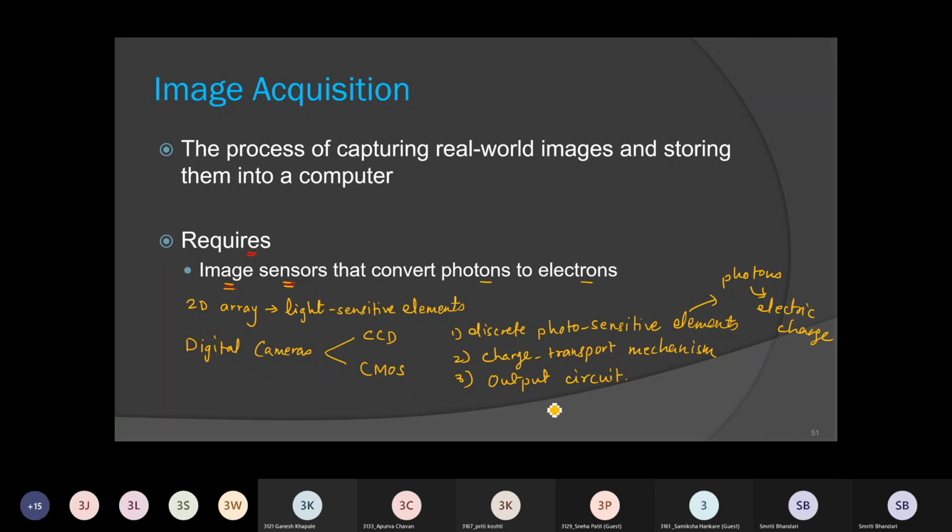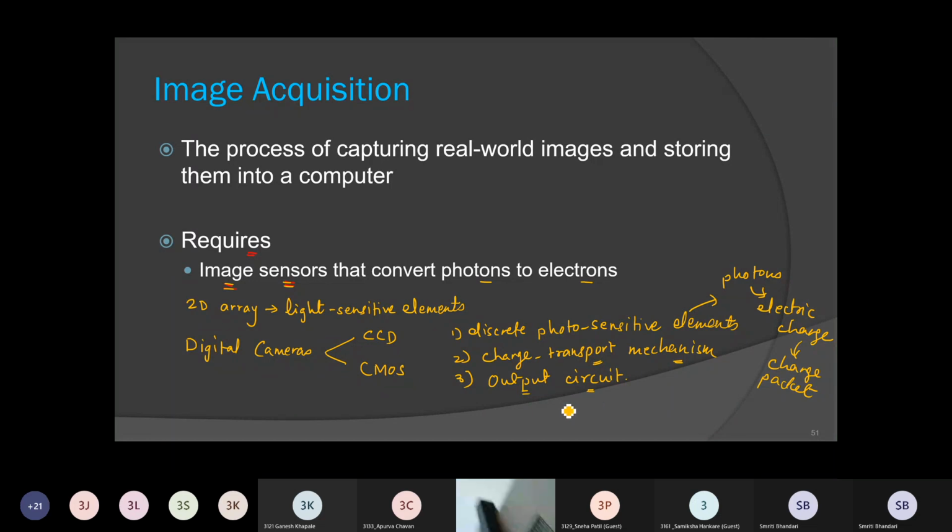Further, these electric charges are integrated into a charge packet, right? And the charge packet is then transferred through this transport mechanism to the output circuit.